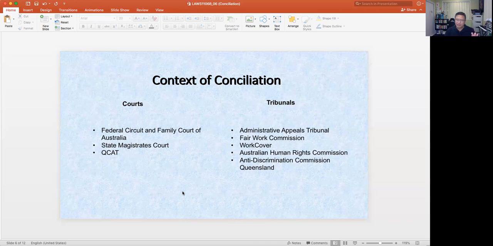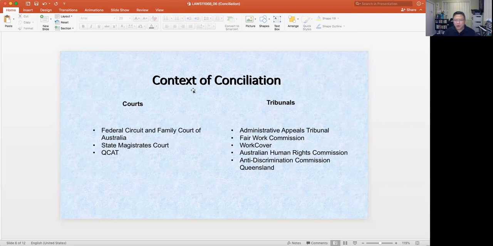Although at the federal level courts do not have jurisdiction over cases where there is no matter, meaning they cannot be involved in questions which really pertain to administrative tribunals because of the partial separation of powers, at the level of the states it is permissible for a court to be both a court as well as an administrative tribunal. This is the reason why you might have the Queensland Civil, which is a court, and administrative tribunal.